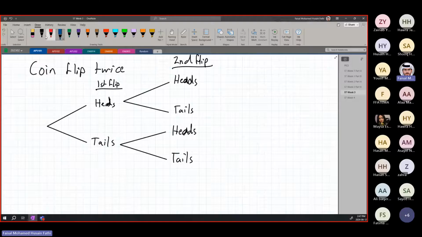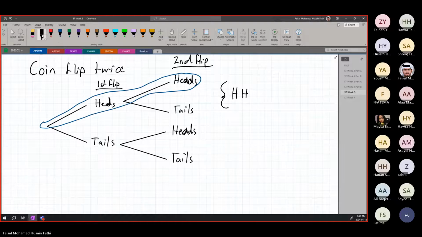All of these options. How can we write that? Our sample space now is going to be heads and heads, which is this first one over here. Let me color code it. The first option is heads, heads. The second option is heads and tails.